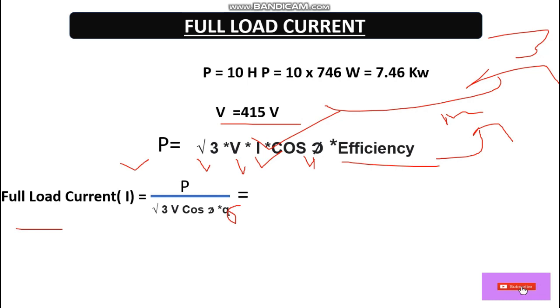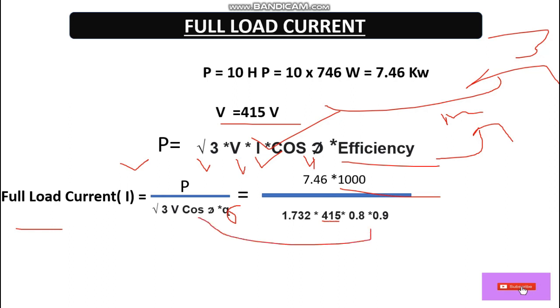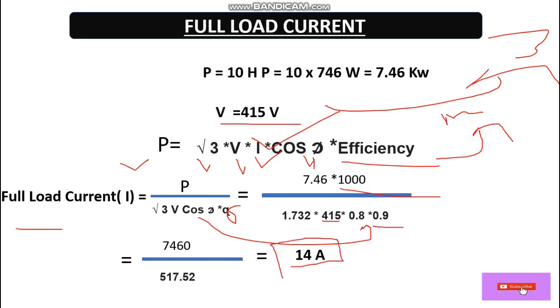P is equal to 7.46 into 1000, divided by root 3, whose value is 1.732, into 415, and cos phi is 0.8, and efficiency is 0.9. If we calculate all this, it will become 14 ampere. So this is the full load current of this 10 HP motor.